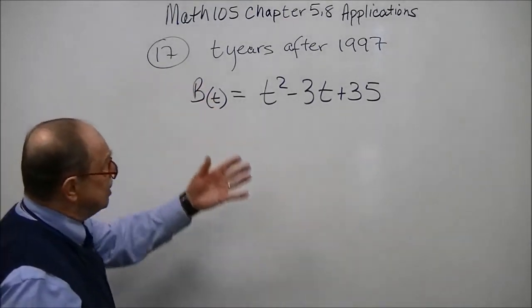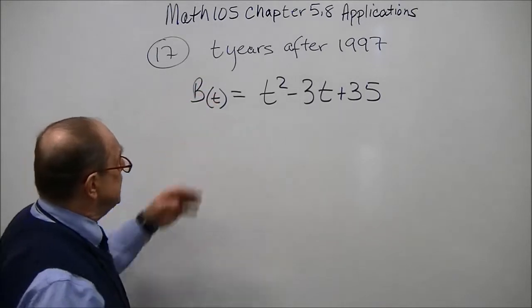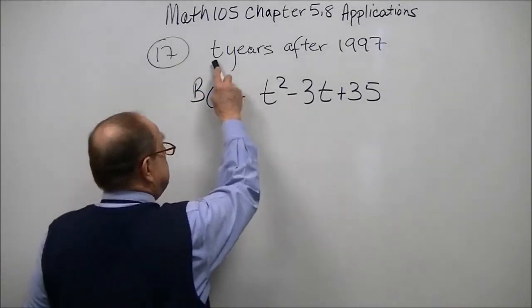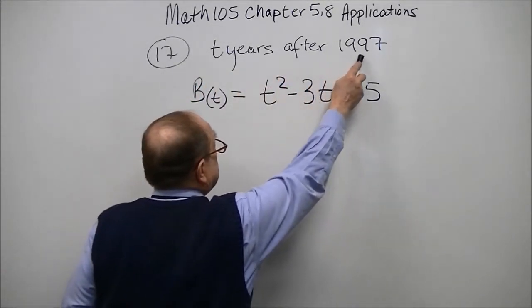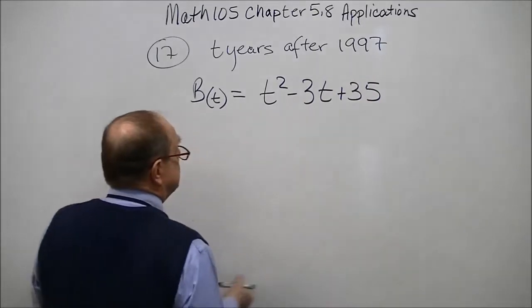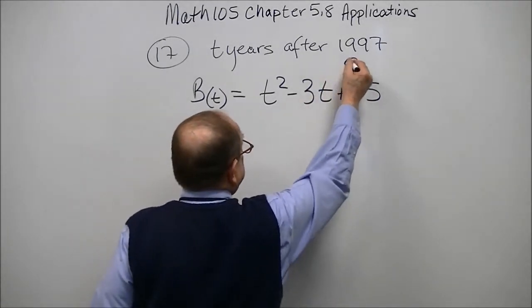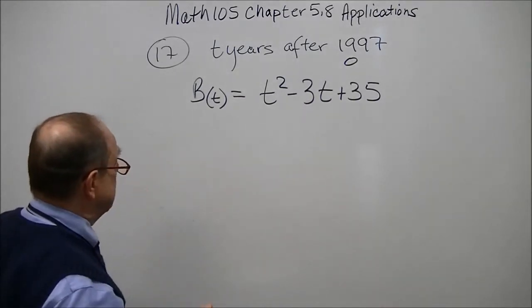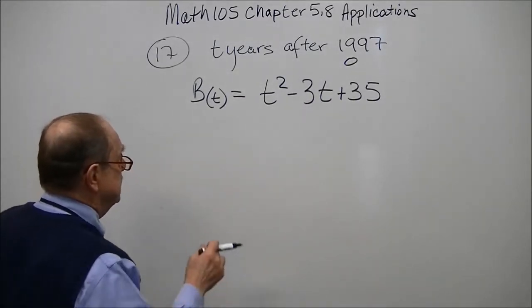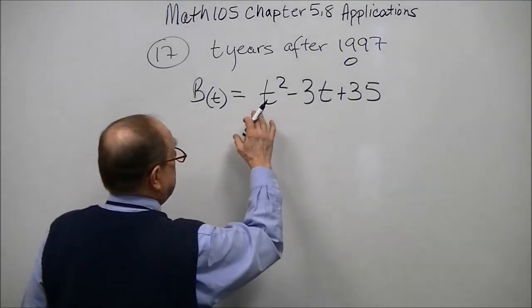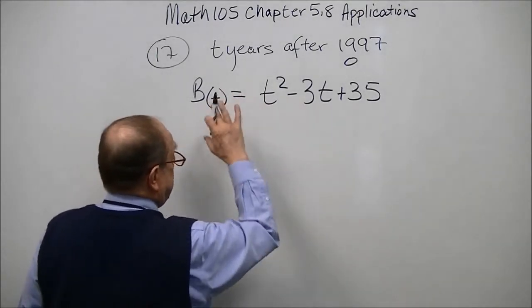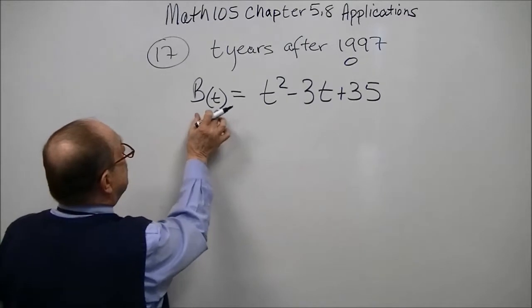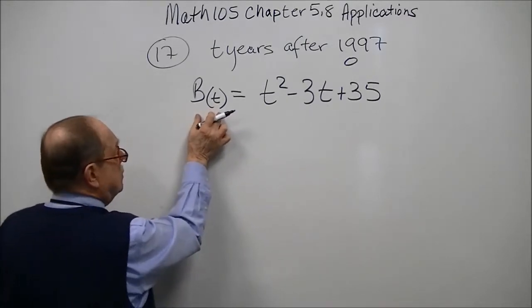So again, you read the problem. We've picked out it's t years, t is for time, after 1997. So in a sense, this would sort of be our 0. And if we put a 0 in there, we'd end up with something. But what number are we looking for over here?